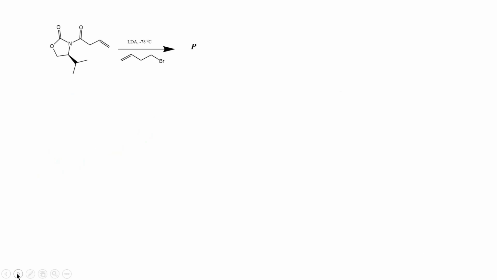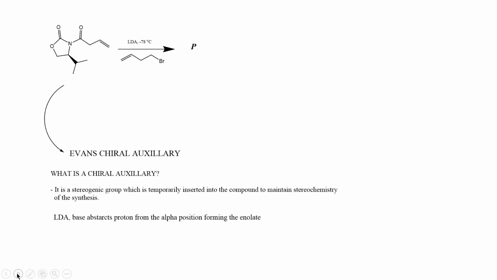This is the question given to us, and first we have to know about the chiral auxiliary. What is a chiral auxiliary? A chiral auxiliary is a stereogenic group which is temporarily inserted into the compound to maintain stereochemistry.